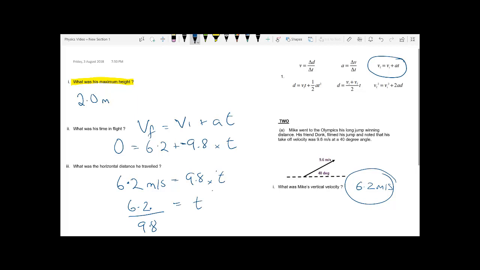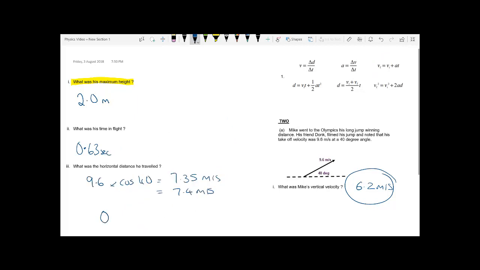Let me do that on my calculator. And that equals 0.63 seconds. And that's that for that one. So I'll just write the answer there, 0.63 seconds. Okay, so that's his time in flight.